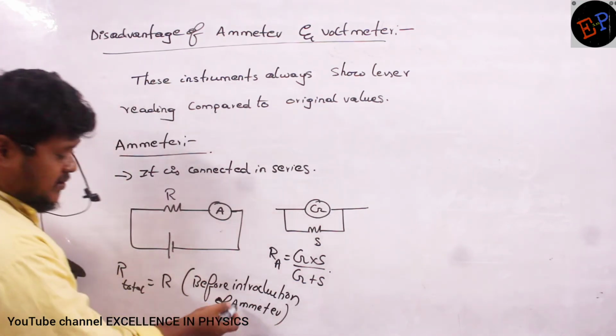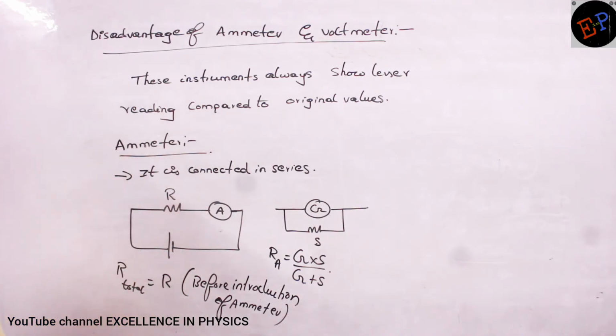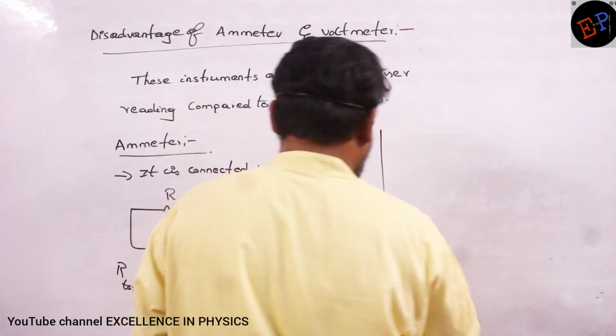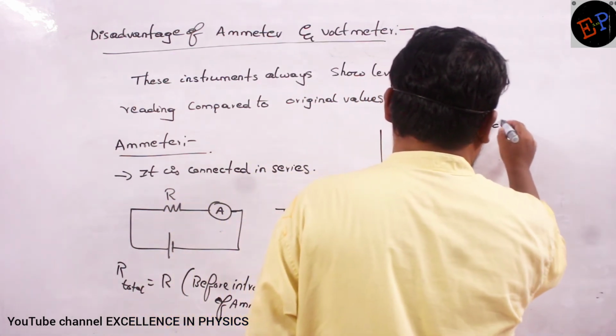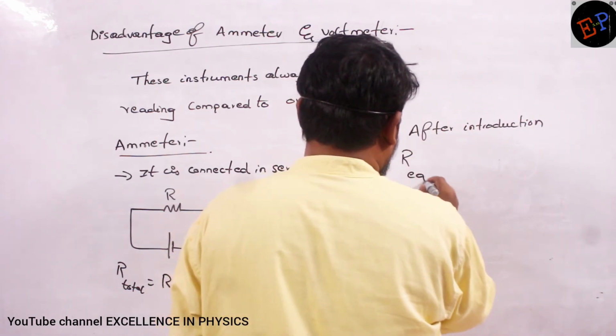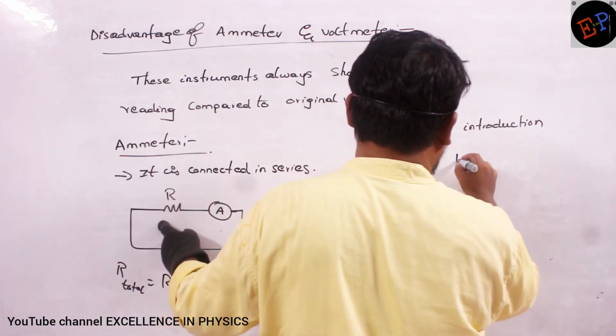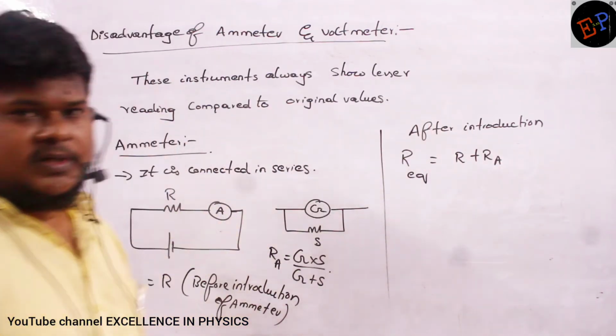Before I introduce the ammeter, what is the resistance? Just R only. But after introduction of the ammeter, the total or equivalent resistance of the circuit will become R plus RA. That's all. Are you able to understand?